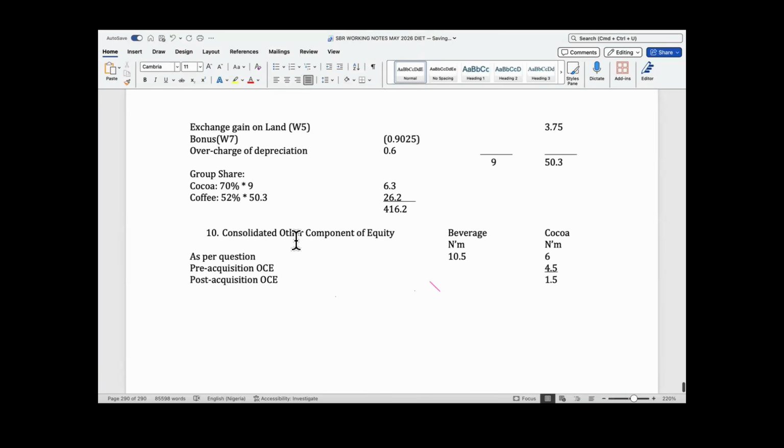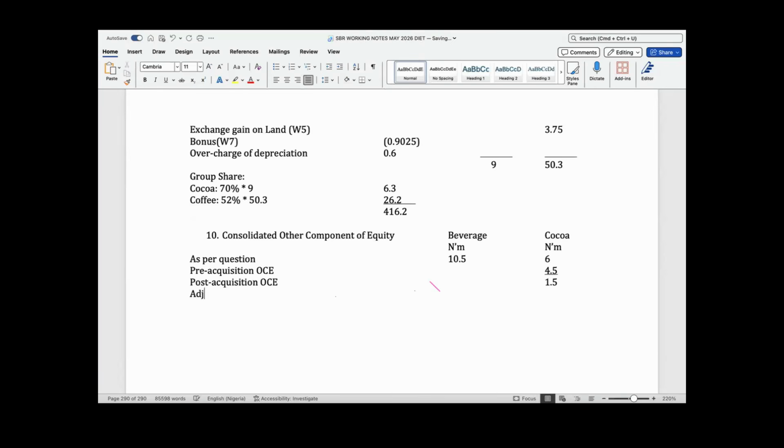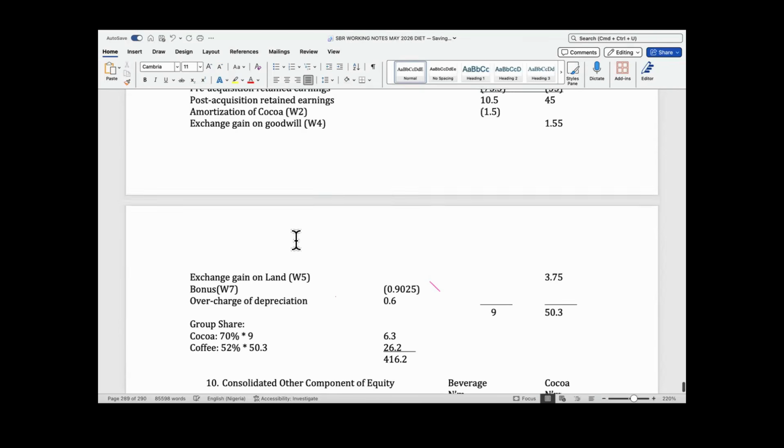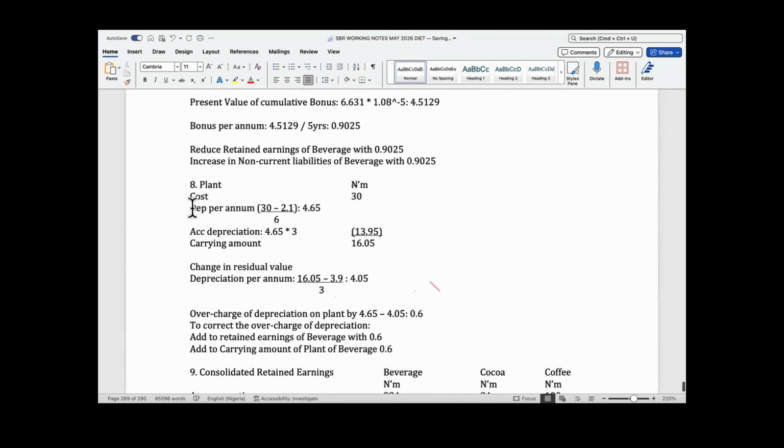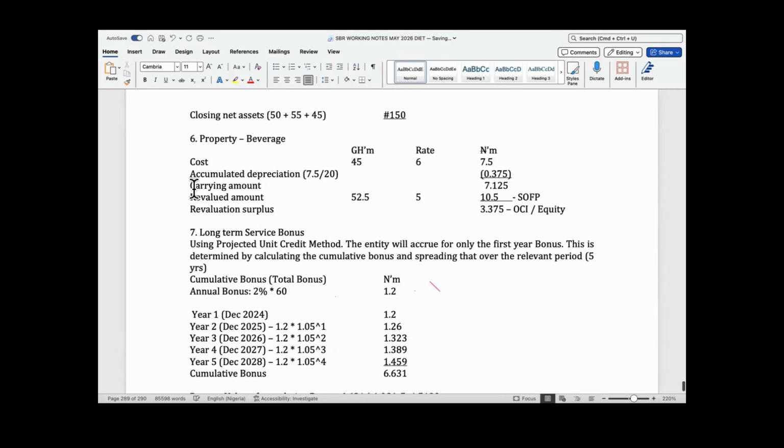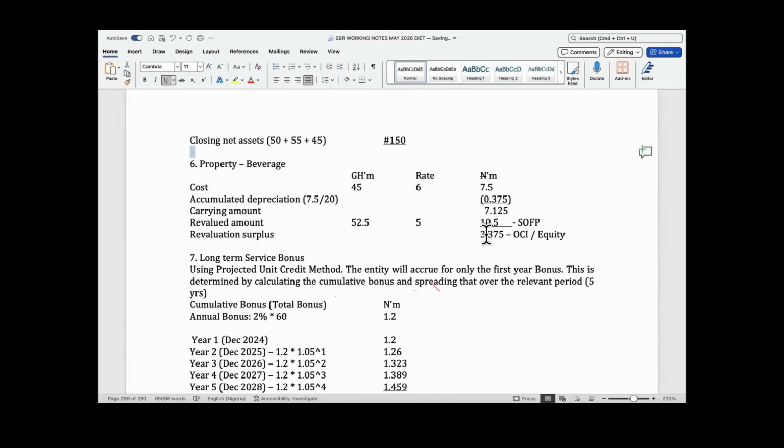So what are the items that go to that? One is adjustment to parent equity, which I haven't done. And also the revaluation surplus on property from working 6, this 3.375.